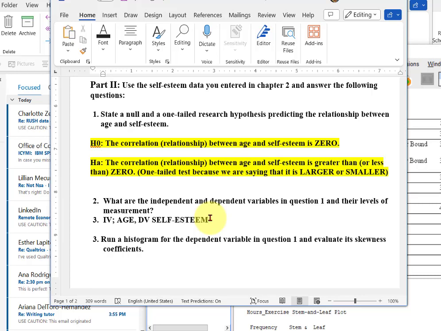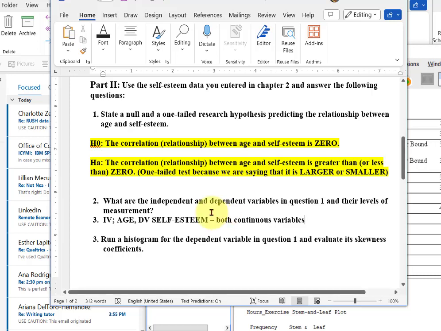And they're both continuous variables. In other words, they're just regular counting numbers. Continuous, ratio, scale, whatever you want to call it. That's the answers to this one. Man, we're rolling now. All right, let's keep going.